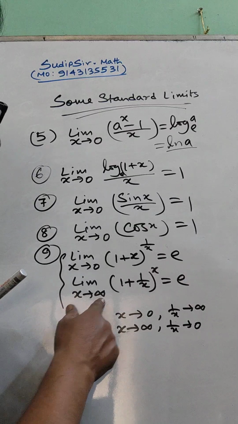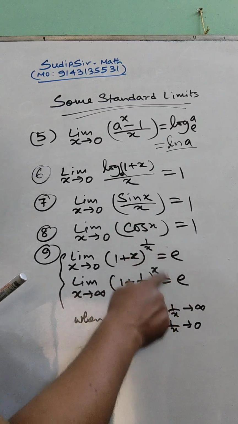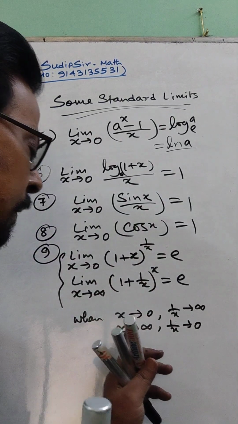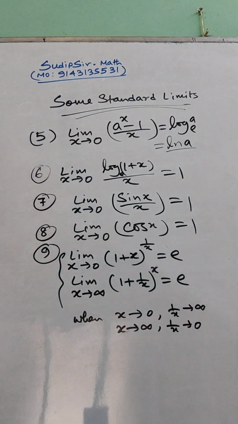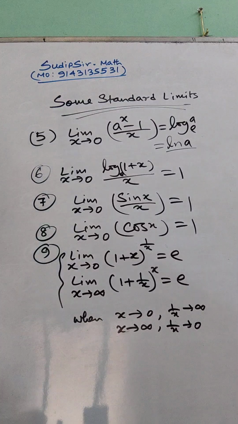That's why both are e. Also remember, if x tends to 0, 1 by x tends to infinity, and if x tends to infinity, 1 by x tends to 0.